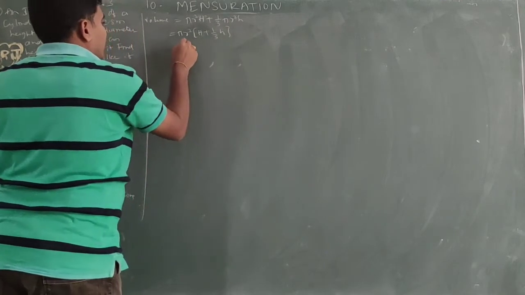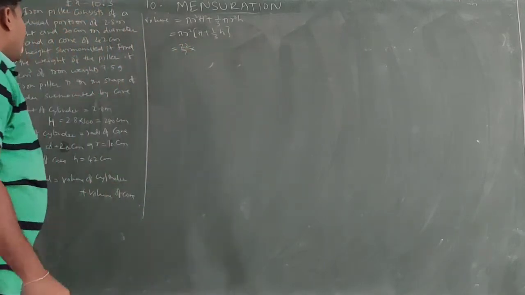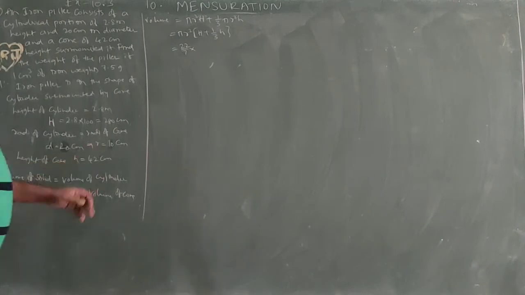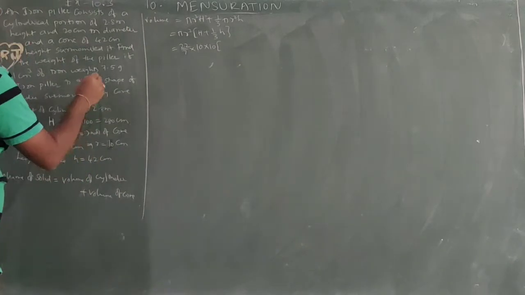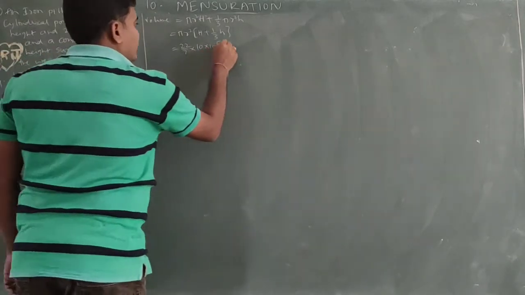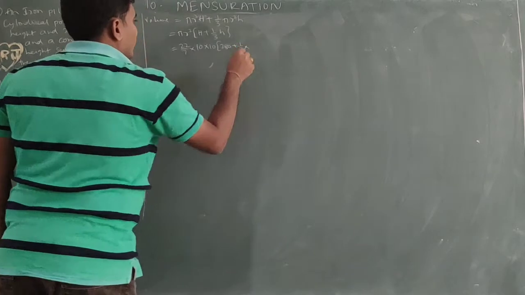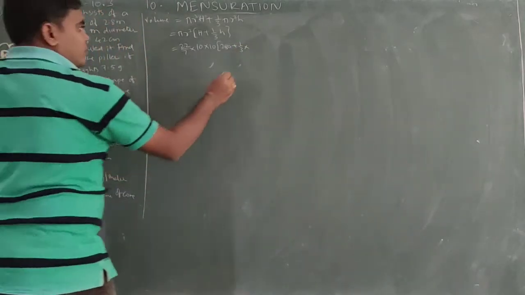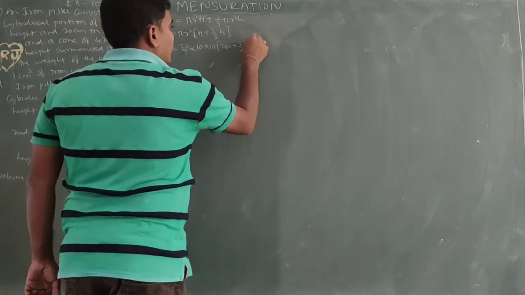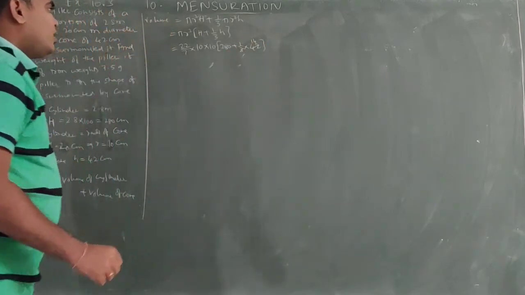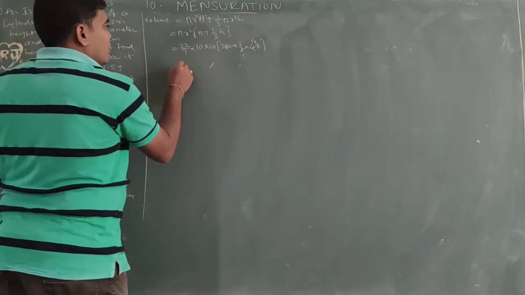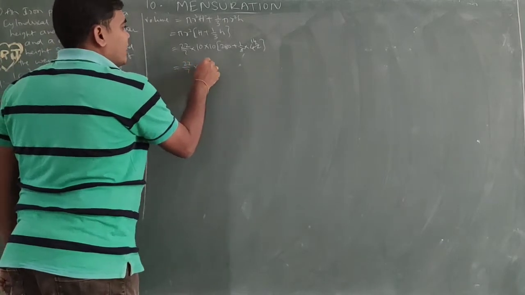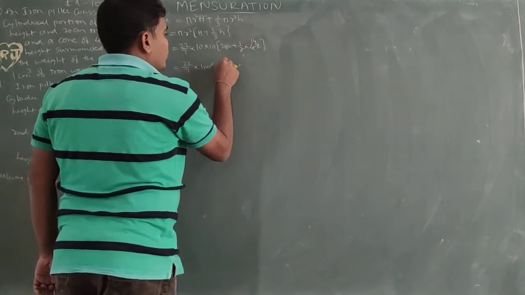So pi is 22 by 7, r square is 10 into 10. Capital H equals 280 plus 1 by 3 into small h equals 42, so 14 into 3 equals 42. So this is 280. Next, 22 by 7 into 100 into 280 plus 14, which is 294.